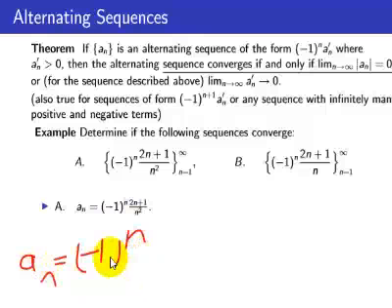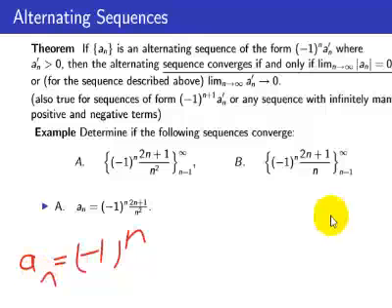It is alternating between positive 1 and negative 1, right? If the power is even, the term is positive 1. If the power is odd, the term is negative 1, right?